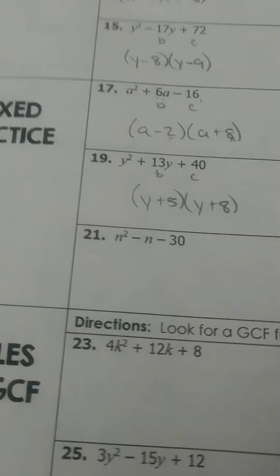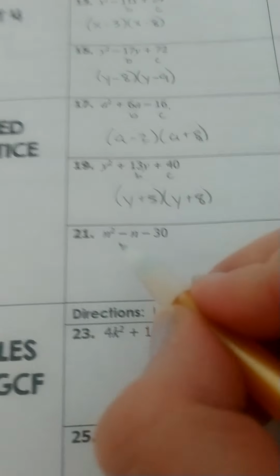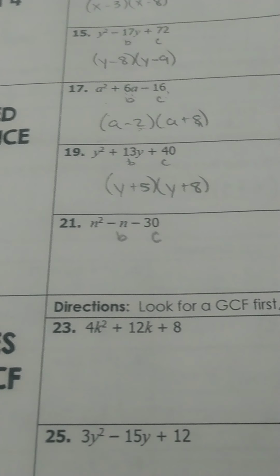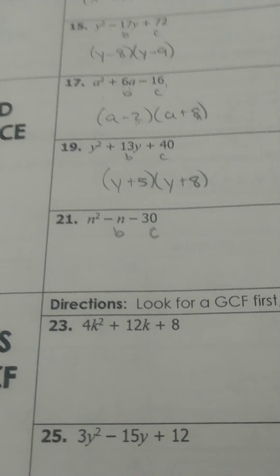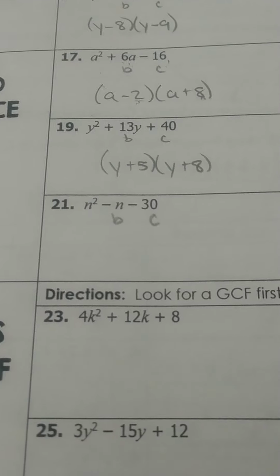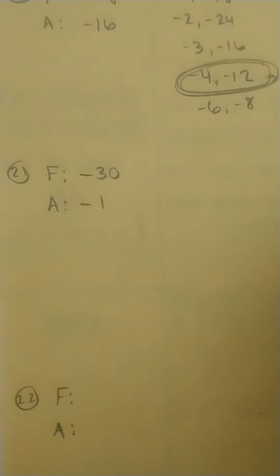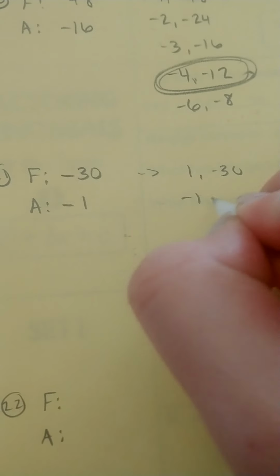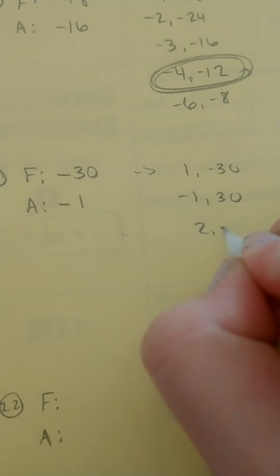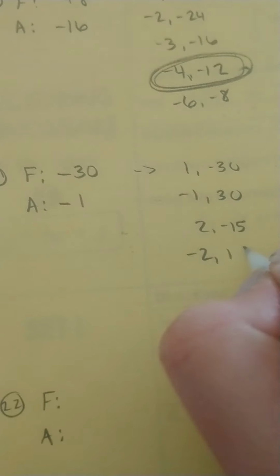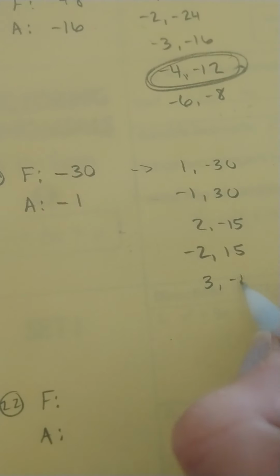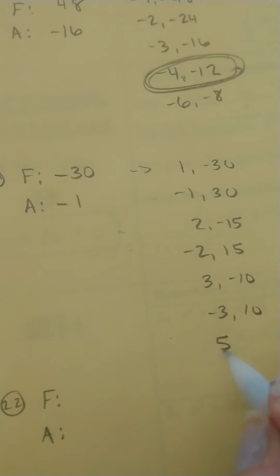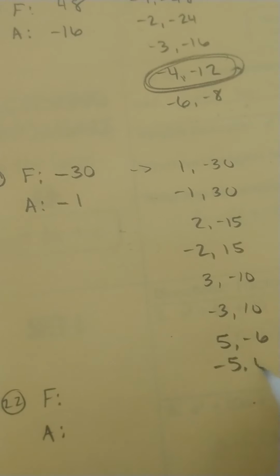Two more, boys and girls, and then we got this. So n squared minus n minus 30, that's your B, that's your C. So I want factors of a negative 30 that add to give me a negative 1. 1 and negative 30, negative 1 and a positive 30. 2 and negative 15, negative 2 and a positive 15. 3 and a negative 10, negative 3 and a positive 10. 4 does not go in, 5 goes in 6 times.